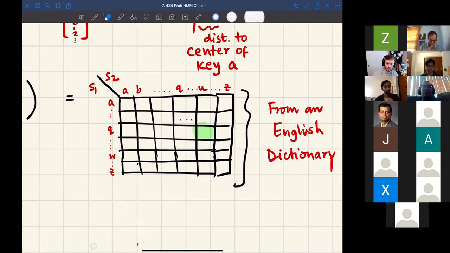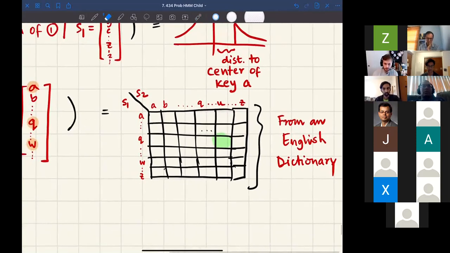Quick question. Sure. Since you're creating the state transition diagram, do you have to worry about how frequent the words are that you're taking these values from? Exactly right. Good question.